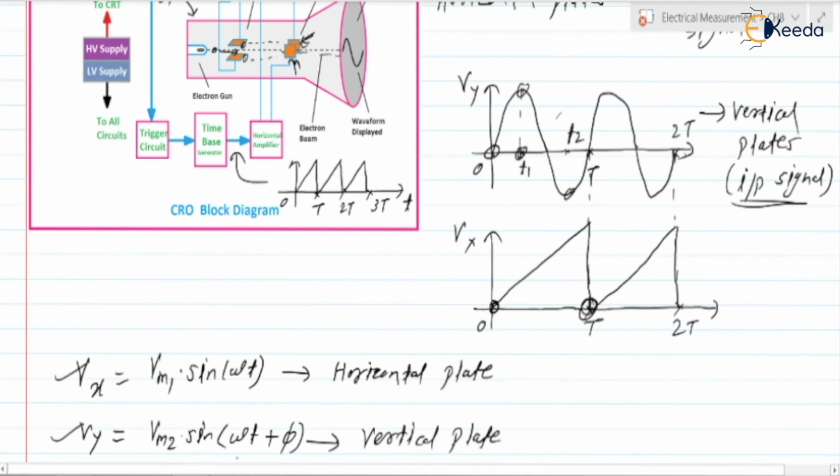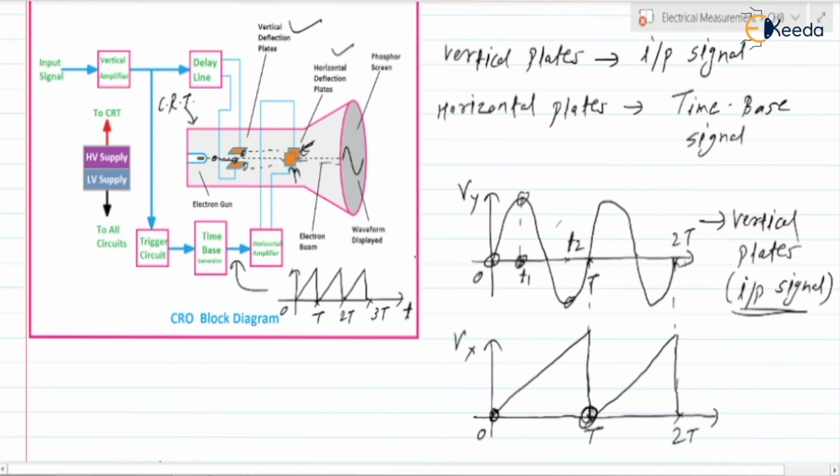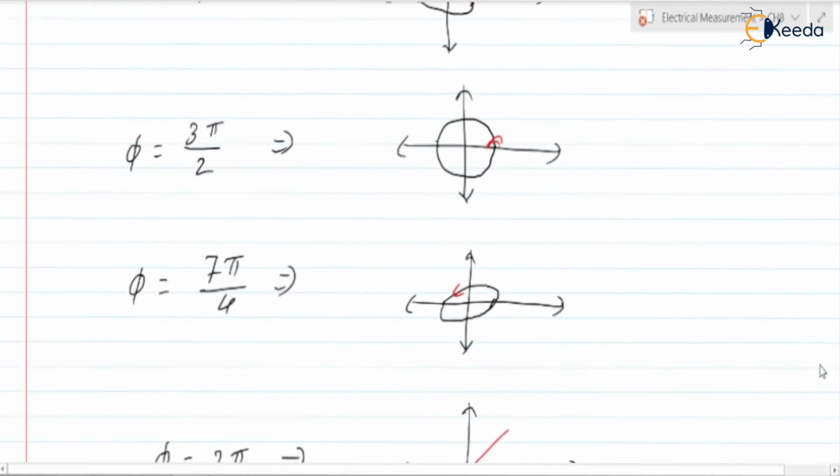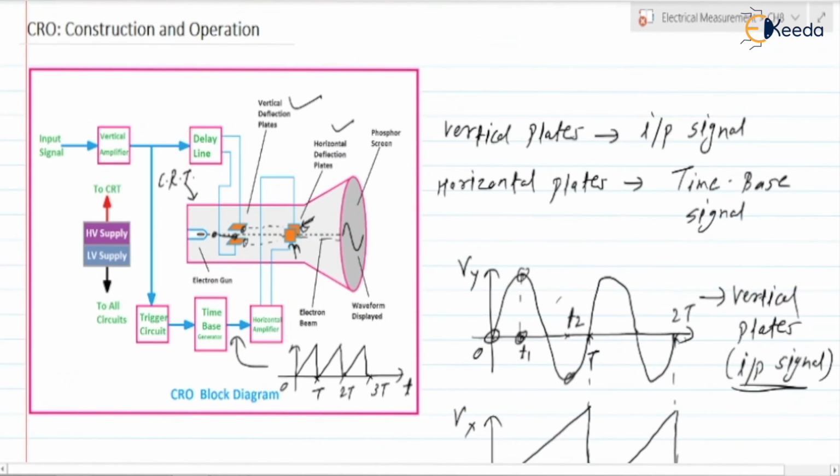For various times, you can check the horizontal and vertical position of the electron, and where it will show on the screen. From that you can get an idea. So this is the important issue. So friends, this is about the CRO construction and the operation. Okay, thank you.